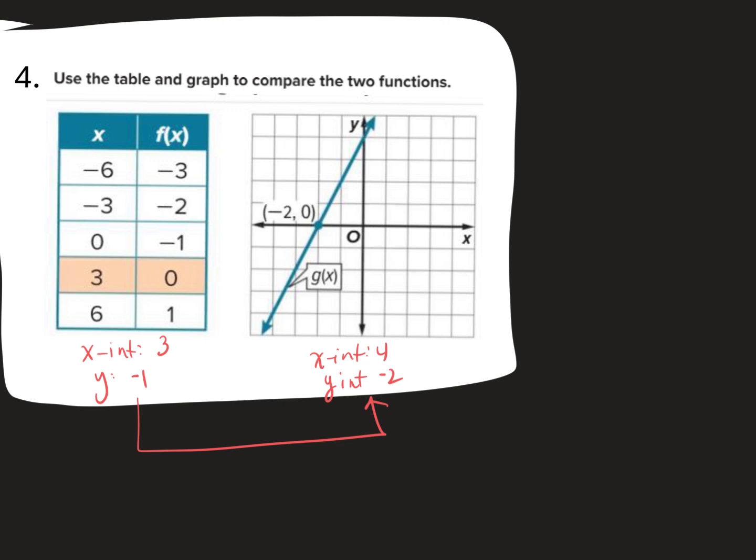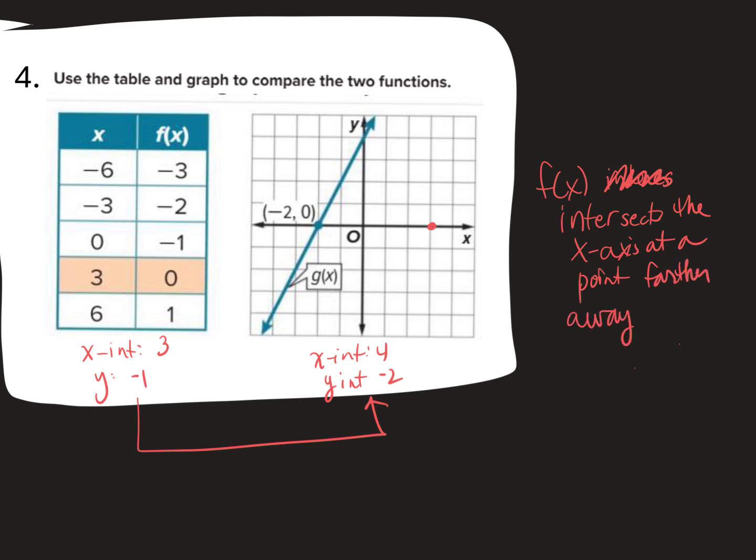On this graph, if you would put the x-intercept of 3 here, then we can say that f of x intersects the x-axis at a point farther away from the origin than g of x.